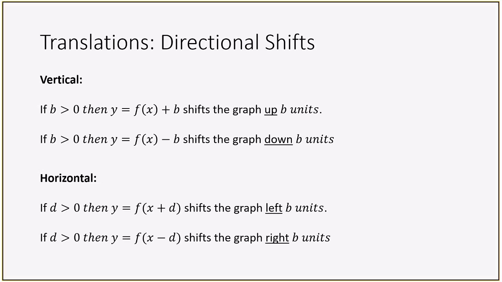Now, something that's worth mentioning, this is kind of a thing with transformations, is that if you're talking about vertical things, y values, moving up, down, flipping it vertically, stretching it vertically, you're tending to do that to the outside of your function. So you have your parent function, let's say x squared, then x squared plus something will move up or down.